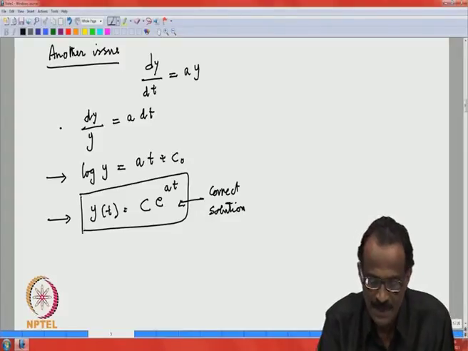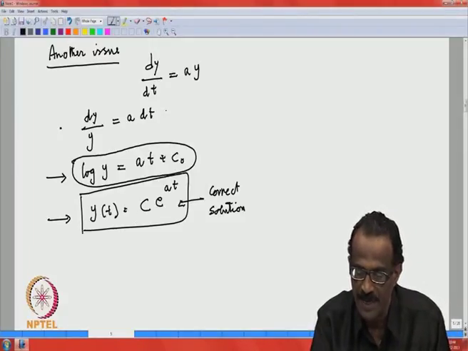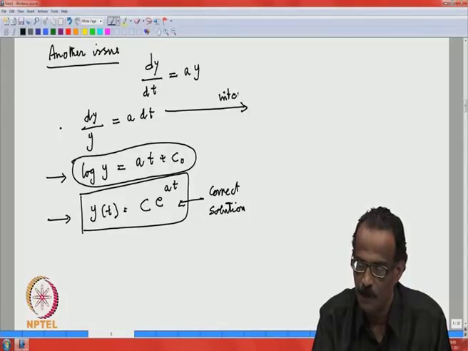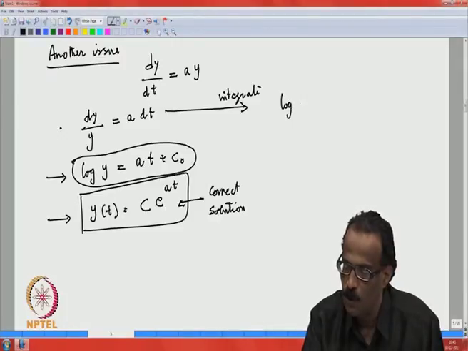But this is not entirely correct the way you are writing it, though you have a solution here. When you integrate this one, what you get is really log mod y is equal to a t plus C naught.